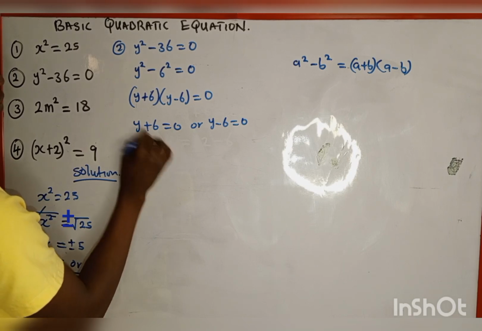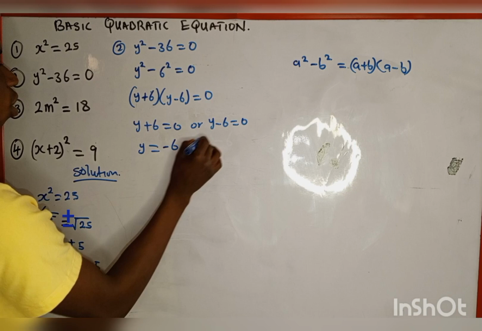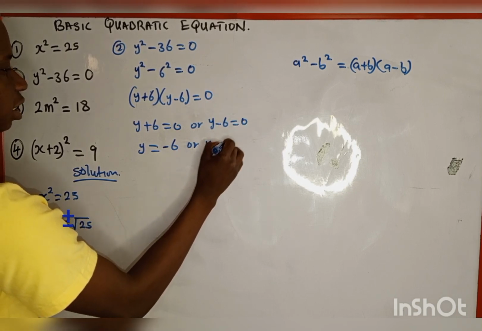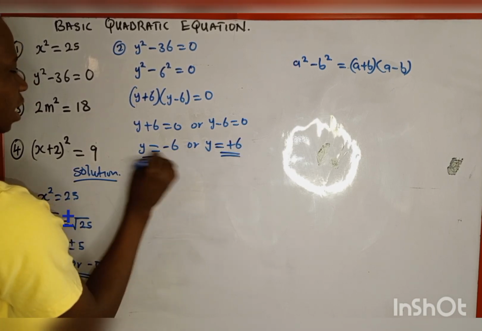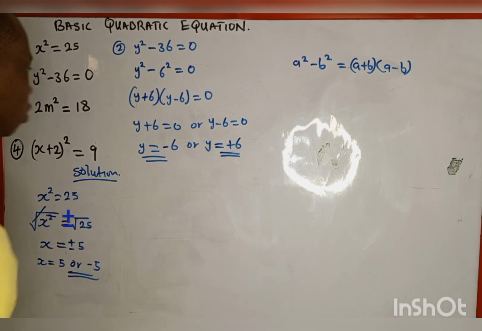Therefore, y is equal to, if you take this 6 to the other side, negative 6, or y will be equal to positive 6. So the two values of y that satisfy this quadratic equation are negative 6 and positive 6.